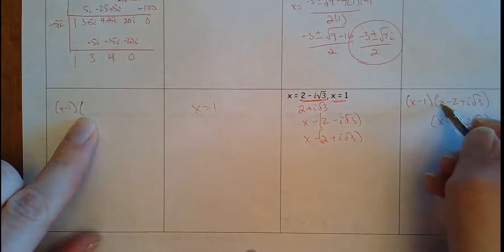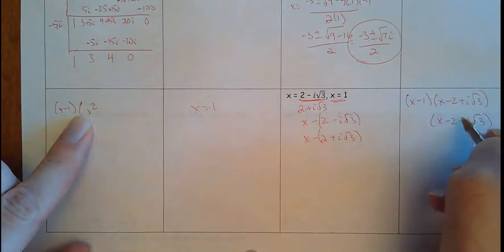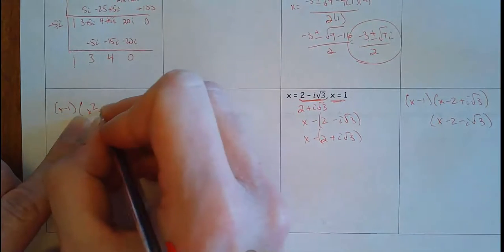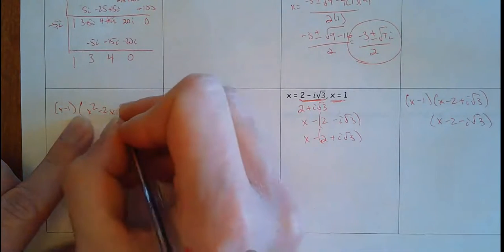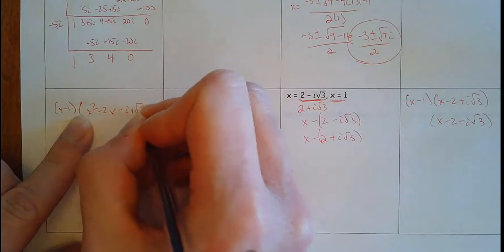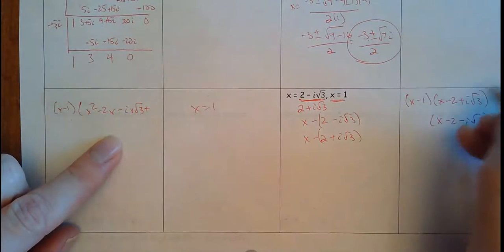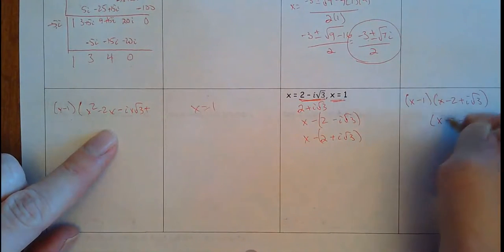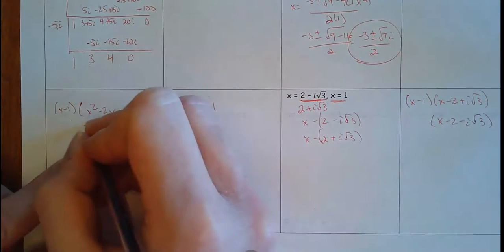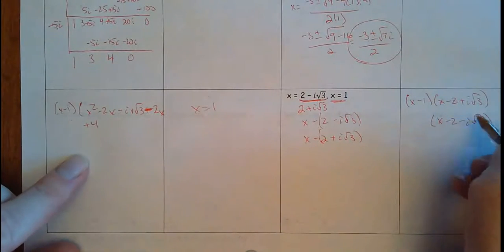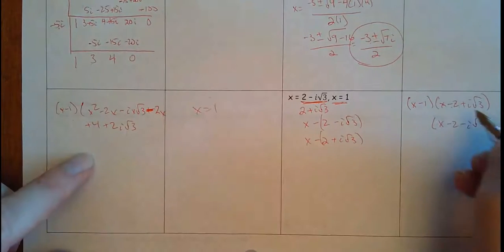So I'm going to take x times x, so that would be an x squared. x times negative 2, negative 2x. x times negative i radical 3, so negative i x radical 3. Take the negative 2 times x, so it's actually going to be minus 2x. Then this would be plus 4, and this would be a positive 2i radical 3.